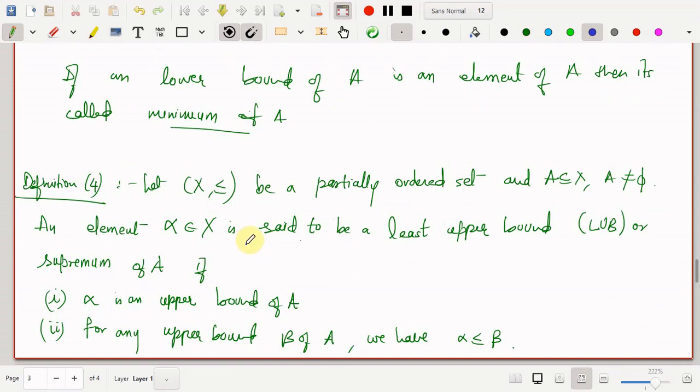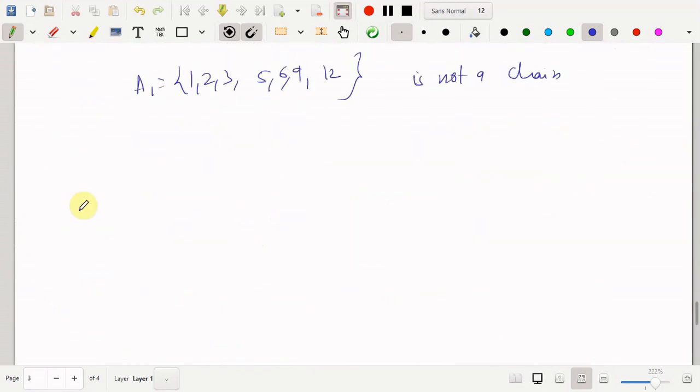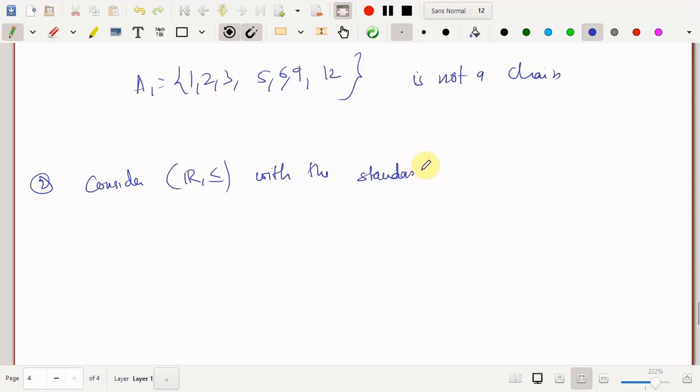Let me take one example of upper bound and lower bound. Just look at this. Consider R with the standard relation, standard less than or equal to, with the standard order. First, I'll take A to be the interval closed 0, open 1.